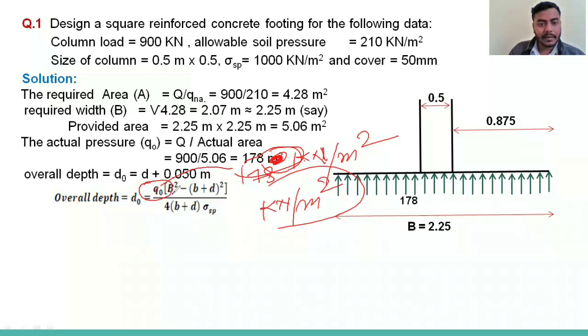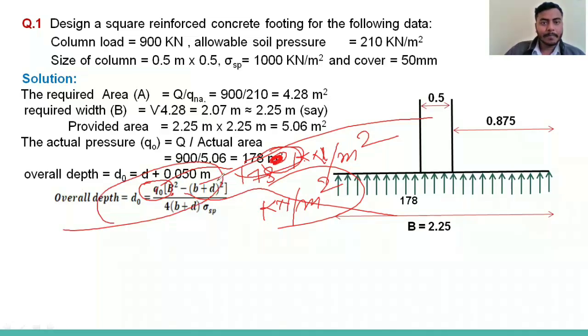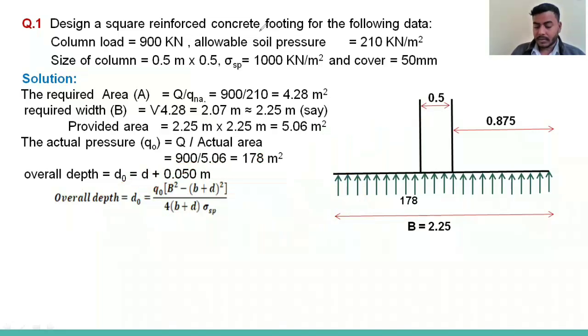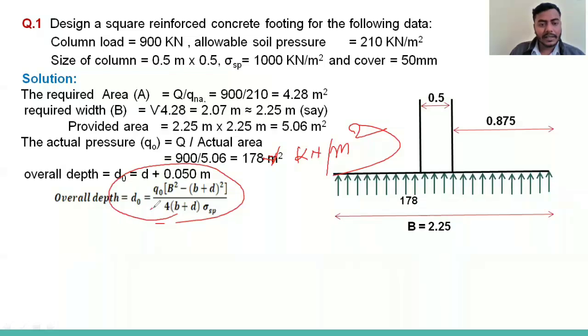We have B naught, that is 2.5. We have the small b, that is 0.5. We have the effective depth, that is unknown, right? So in the whole equation, in both the cases, this is not meter square, it is kilonewton per meter square. Just correct it, okay? So in this equation, d is unknown, so we can calculate d, right?